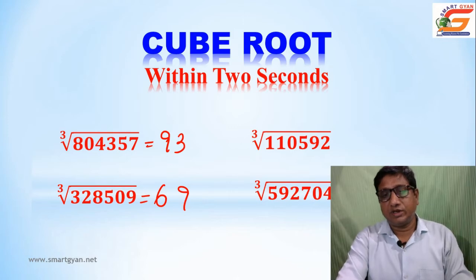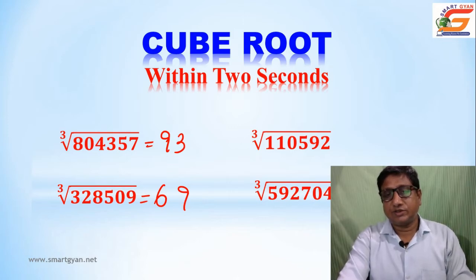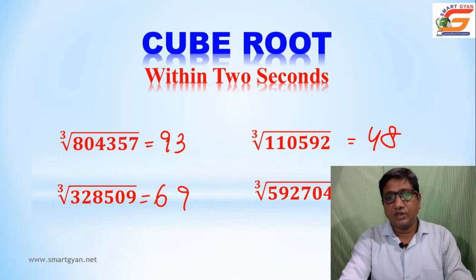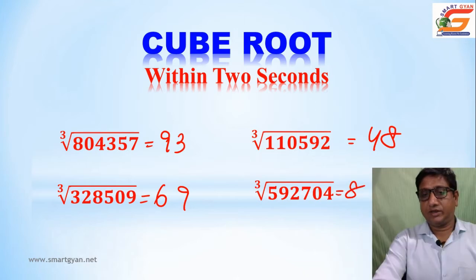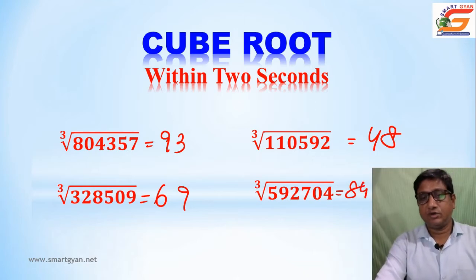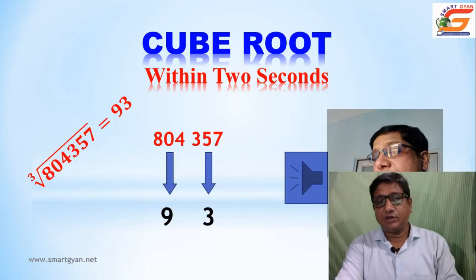Then 48 is the cube root of 110,592. The last one, 84 is the cube root of 5,92,704.